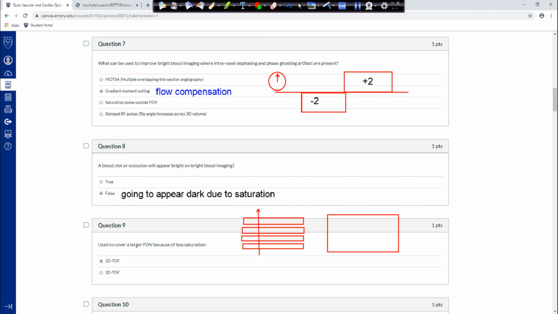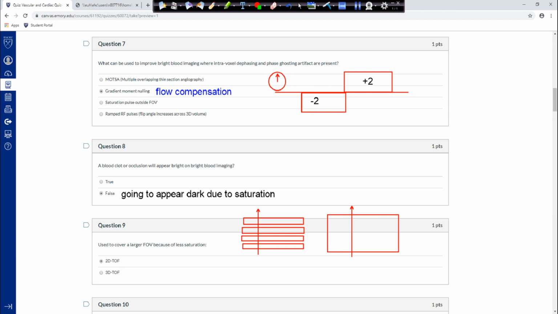So as our blood flow goes from the aortic arch up the carotids, we're going to be able to go through a larger area due to less saturation because we're going through slices as opposed to a slab, where we're going to get more RF pulses through this entire slab.